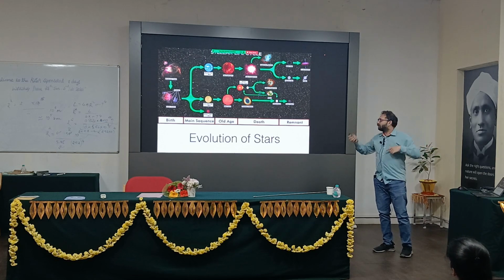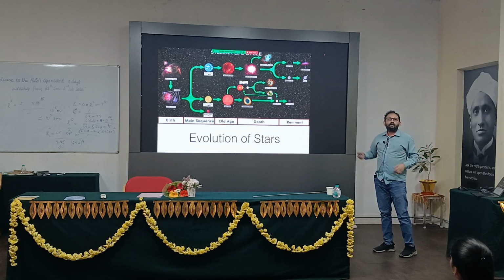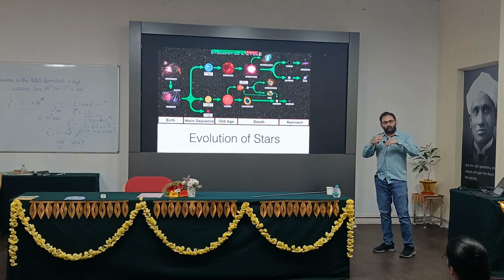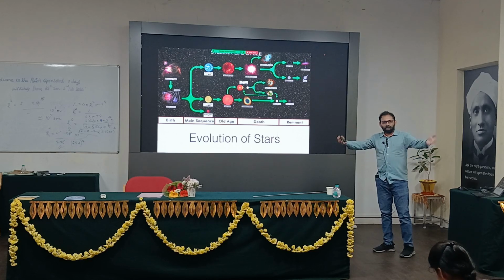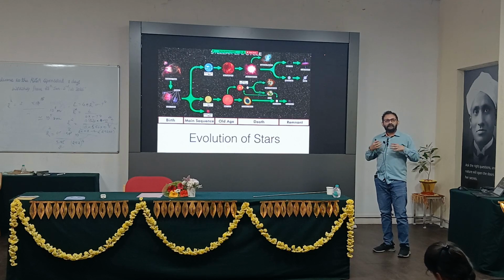And then again the stars form when the material is there, and the material again becomes like this. It's not just one star. All the billions of stars are born and die, and give their material, and the next generation gets many more elements. That is the way the metals in our universe are getting richer.